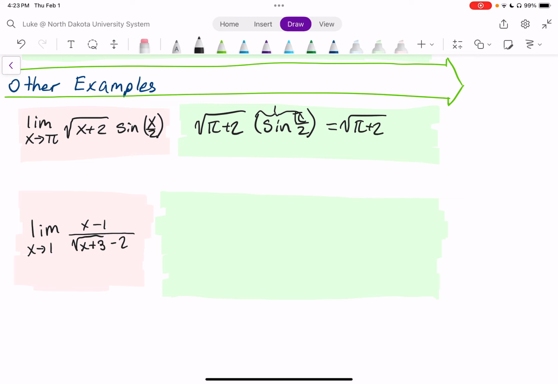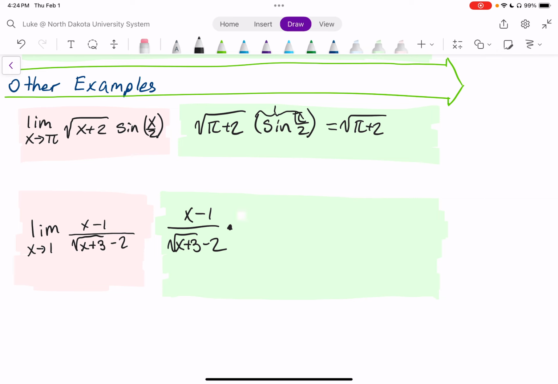Okay, the last problem here. This one is going to be a conjugate because we can't just sub 1 in here. We're going to get a 0 denominator. So x minus 1 over the square root of x plus 3 minus 2, multiplied by the conjugate, the top and the bottom.